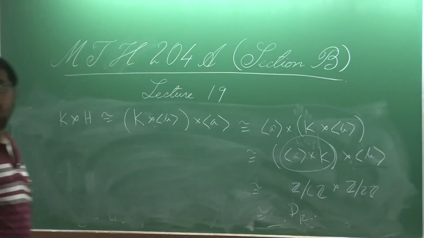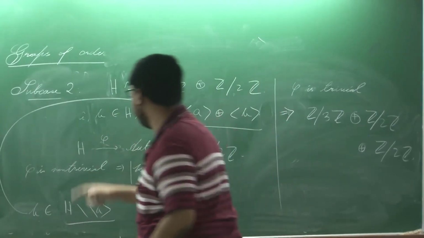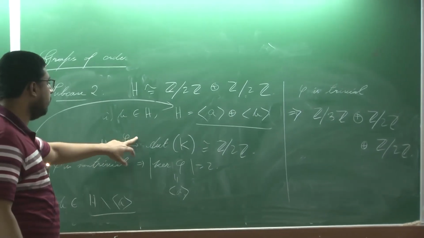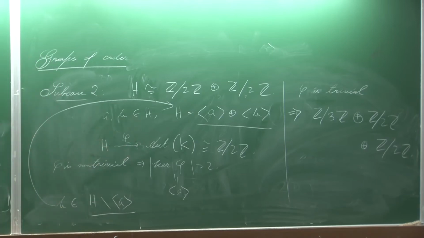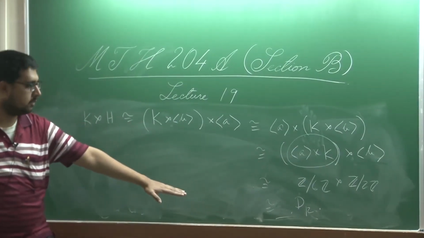Okay, so in this case, in the second sub case, when H is this, we see that whatever non-trivial homomorphism phi we take, the semidirect product that we are going to get is always D12.